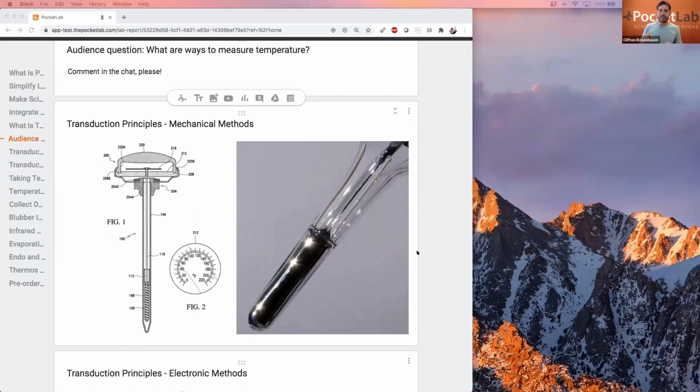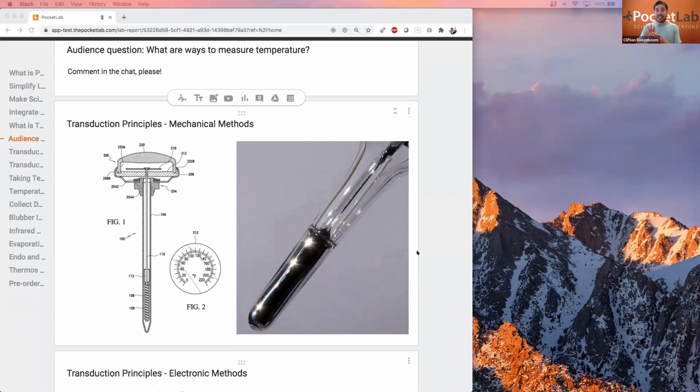Transduction means how do we convert something from one form to another. In sensors, it's taking the thing that we want to measure and converting it to something that's easier for us to measure. If you look at a meat thermometer that you would put into your roast to check the internal temperature, it's a very mechanical device where there's a coil of wire in that probe.